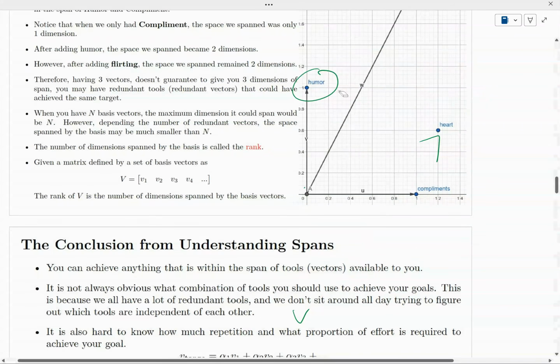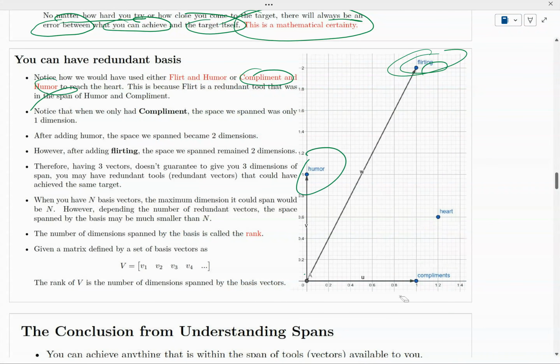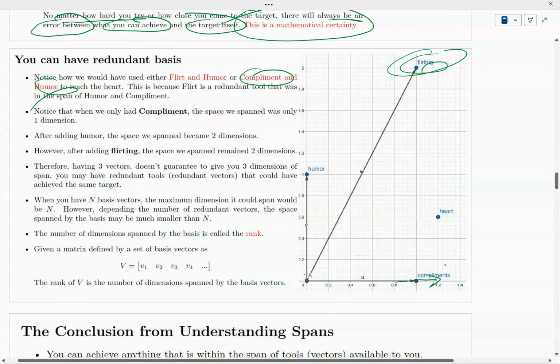So we can use the combination humor and flirting, or we could use compliments and humor. So compliments, humor. This is much easier. So compliment will go here, humor goes here. We reach the heart. Notice that when we only had compliments, the space we span was only one dimension.